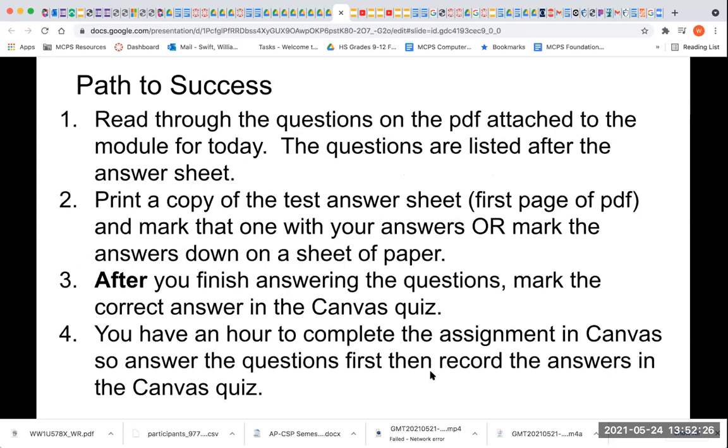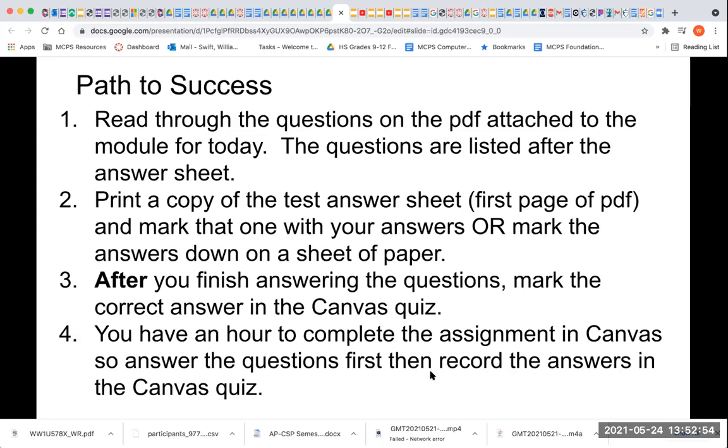Our path to success. Read through the questions on the PDF attached to the module for today. The questions are listed after the answer sheet. Print a copy of the test answer sheet, first page of the PDF, and mark that with your answers, or mark the answers down on a sheet of paper. After you finish answering the questions, mark the correct answers on the Canvas quiz.